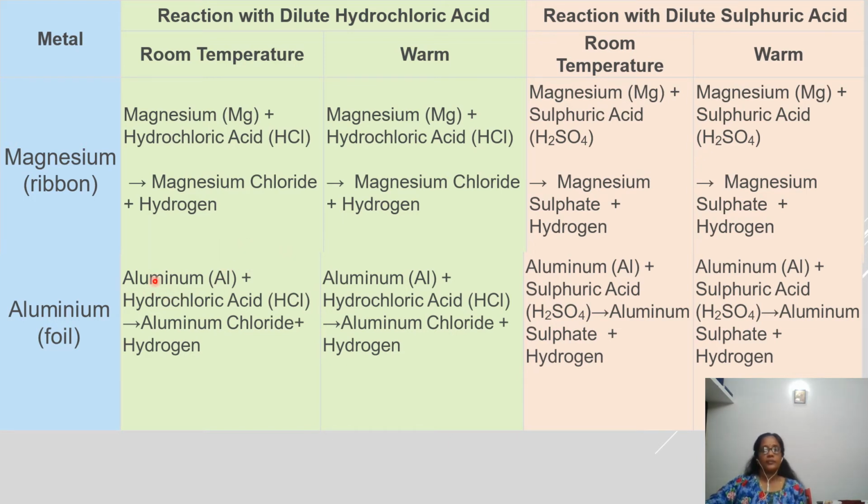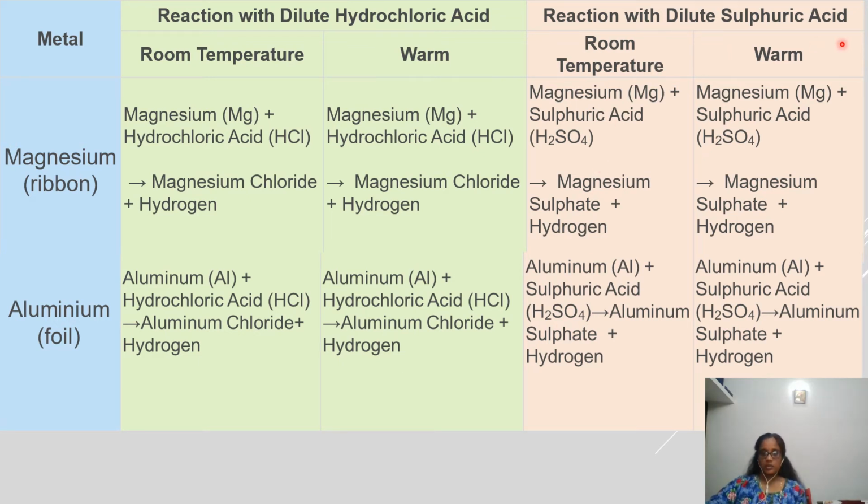Okay, so here aluminium plus hydrochloric acid gives aluminium chloride, like here magnesium chloride, and here aluminium chloride and hydrogen gas. And here in warm condition, aluminium reacts with hydrochloric acid to form aluminium chloride and hydrogen gas. Same thing, same salt and hydrogen gas.